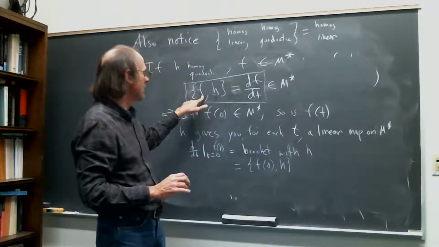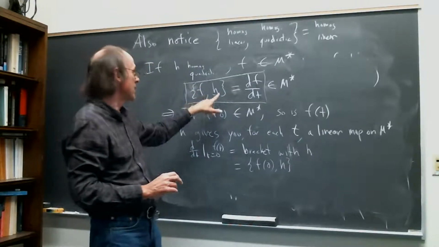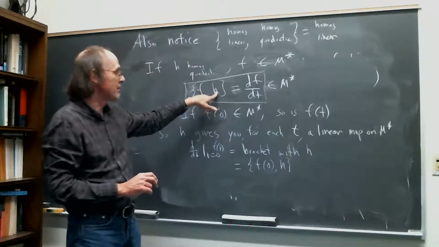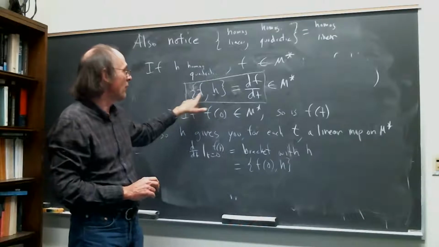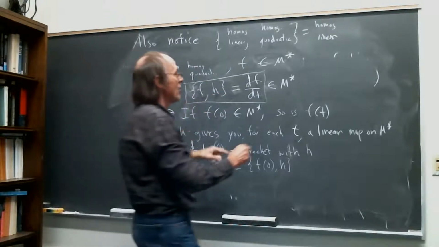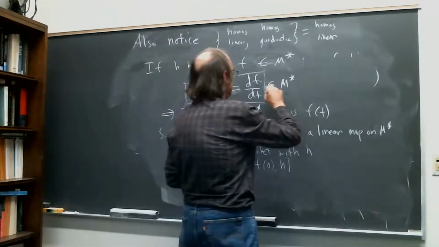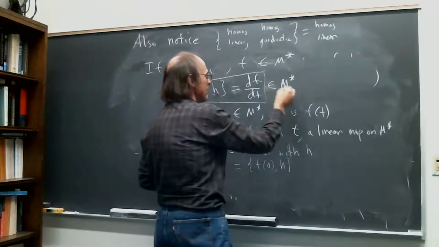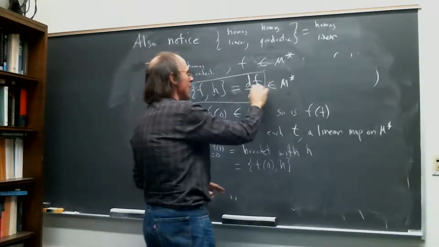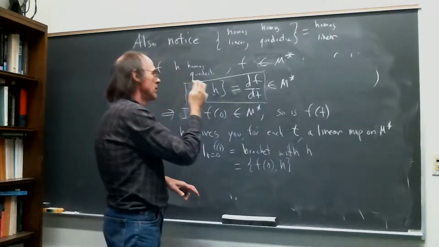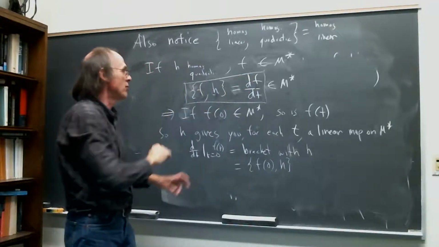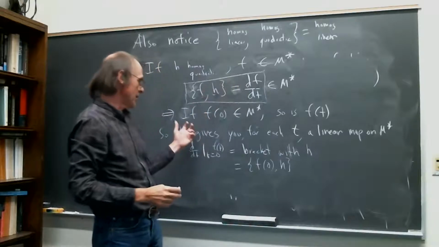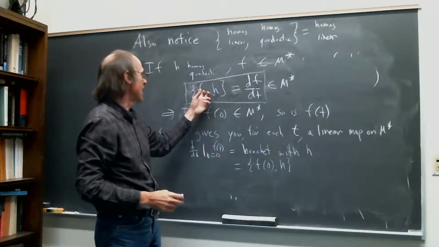I'm making everything t dependent, except I don't want this one to be t dependent. I want it to be t independent. So I'm starting out by looking at functions of t in general, and then showing that these are not just any functions of t.